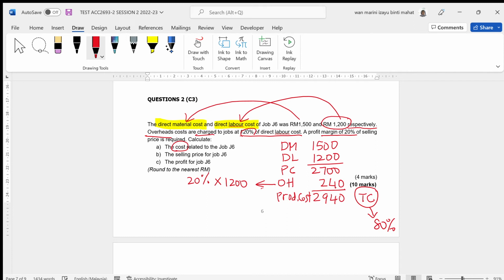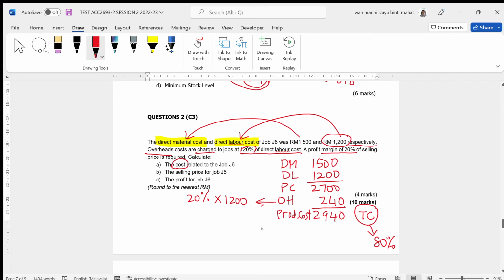Because the equation works this way: total cost plus profit will give us the selling price. So with margin, selling price is represented by 100%. Since profit is 20, in order to get the 100% we have to deduct, so the balance 80% is the cost here. And we have determined this cost, which is 2940.